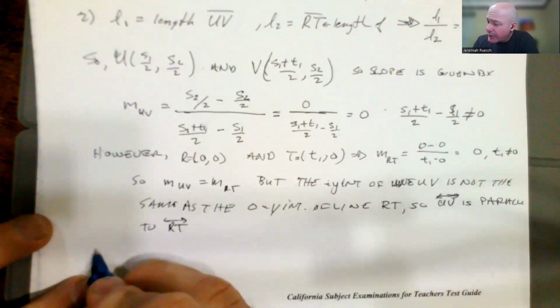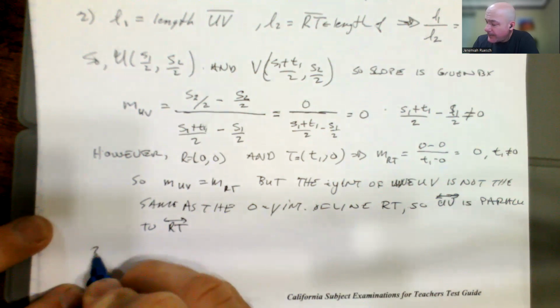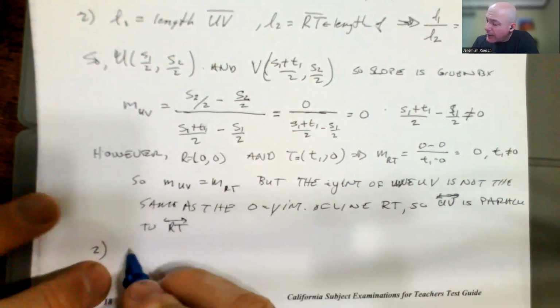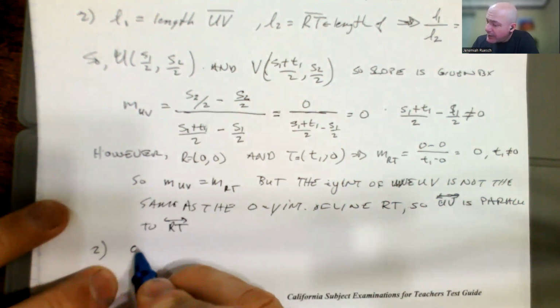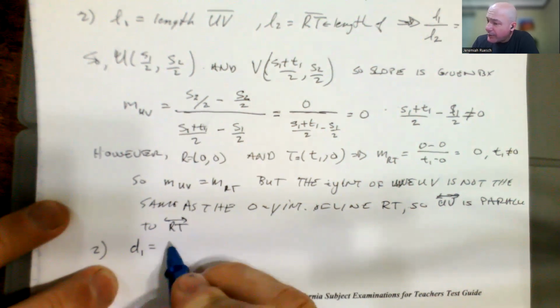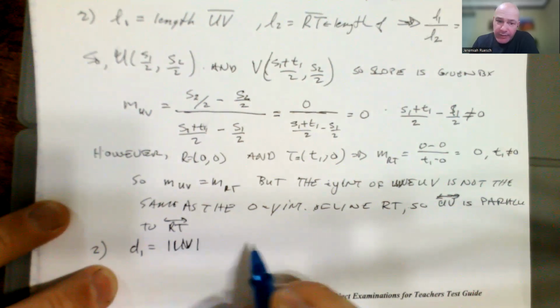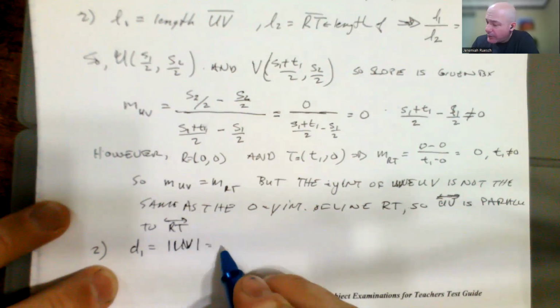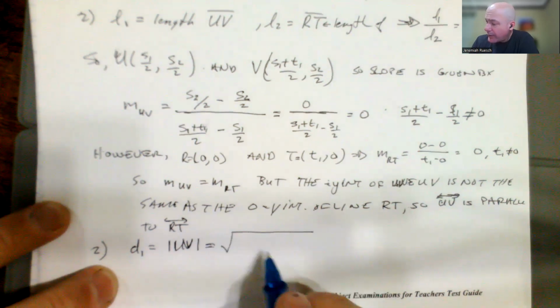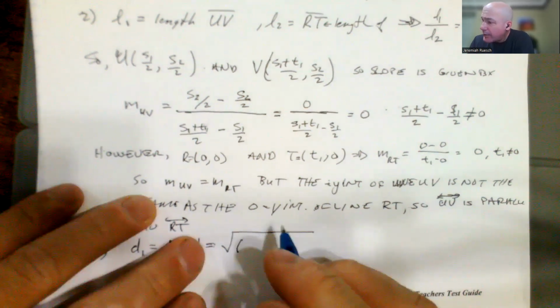So the second part, okay, I'm going to call D1 equal to the distance, the magnitude of UV. This is the distance UV, which is going to equal the square root of, what do we have here?